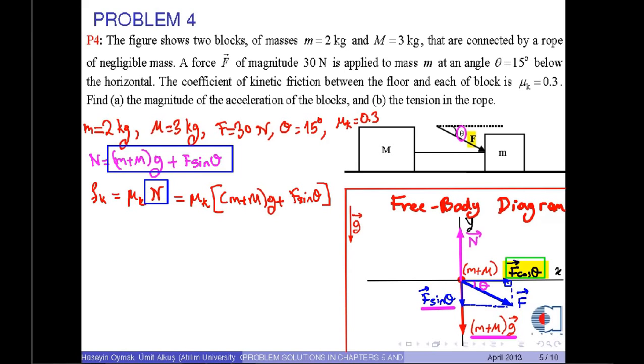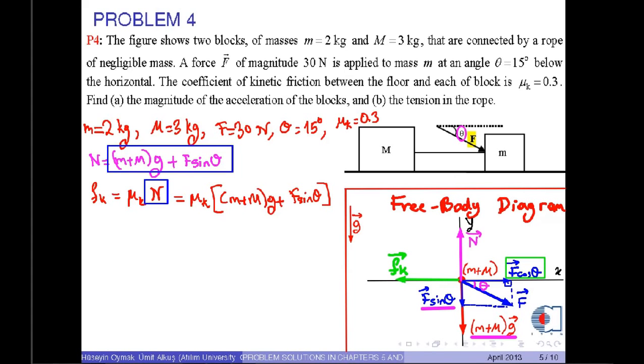Here we have only F times cosine theta, which is in the positive x direction. Then the kinetic frictional force f k is antiparallel to that force, namely, in the negative x-axis.